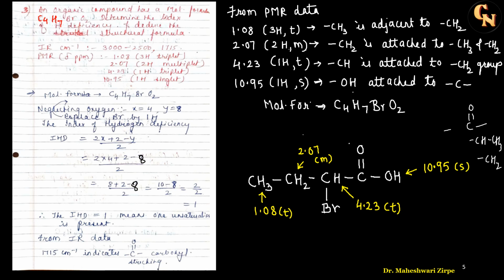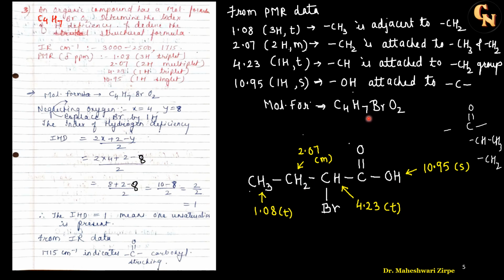So there are 4 carbons: 1, 2, 3, 4, which is also given in our molecular formula. Then there are 7 hydrogens. Let us count whether we are getting 7 hydrogens by joining all these groups. 3 hydrogens on CH3, then 2 means 5, 6, 7.